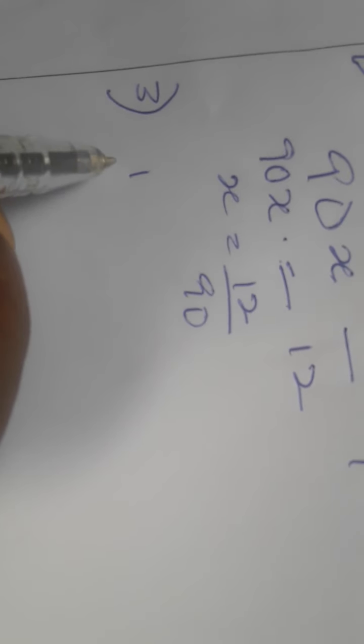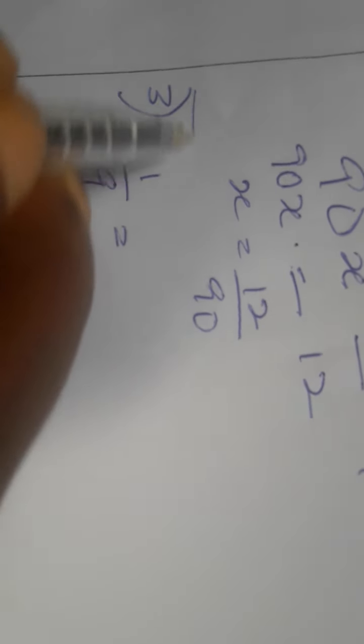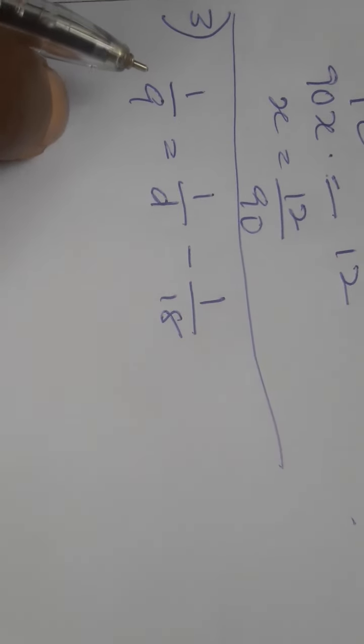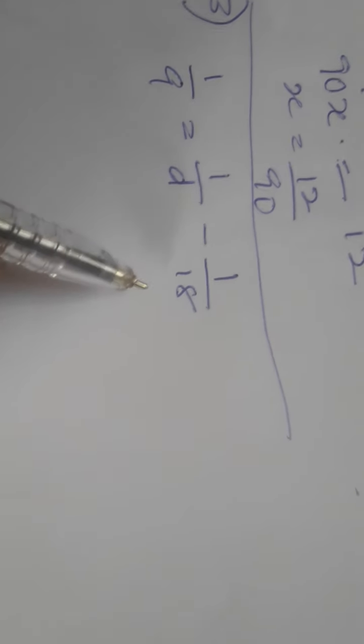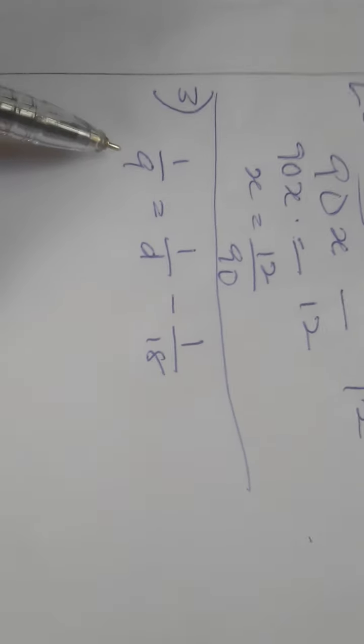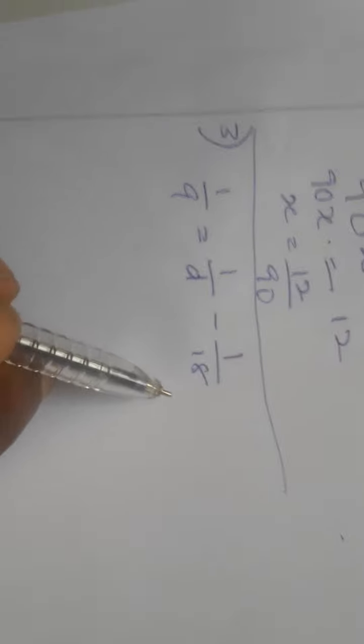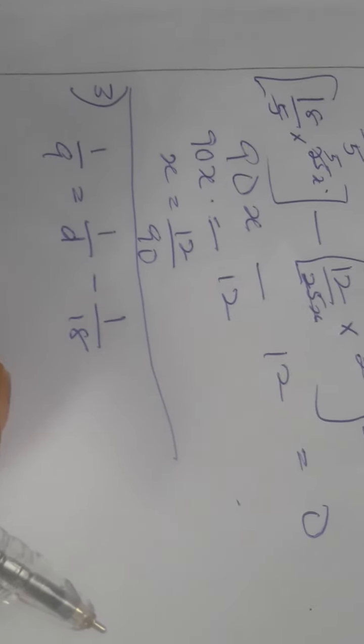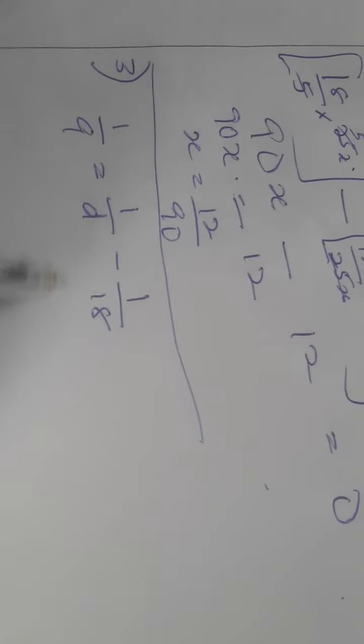You have 1 over 9 is equals to 1 over d minus 1 over 18. Again, we look for the LCM. The essence is to clear out the denominators, remember, and what you do to the left-hand side, you must do to the right-hand side of your equation.